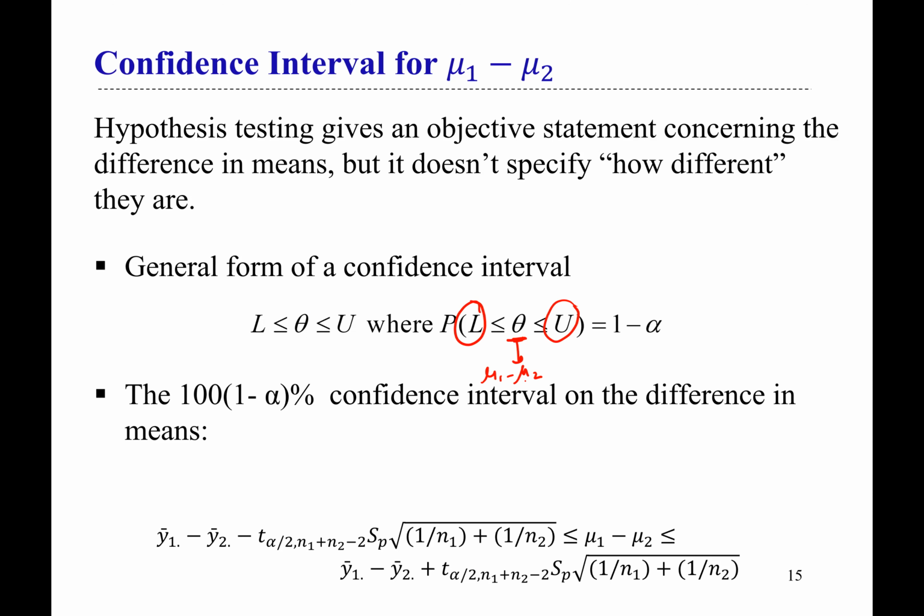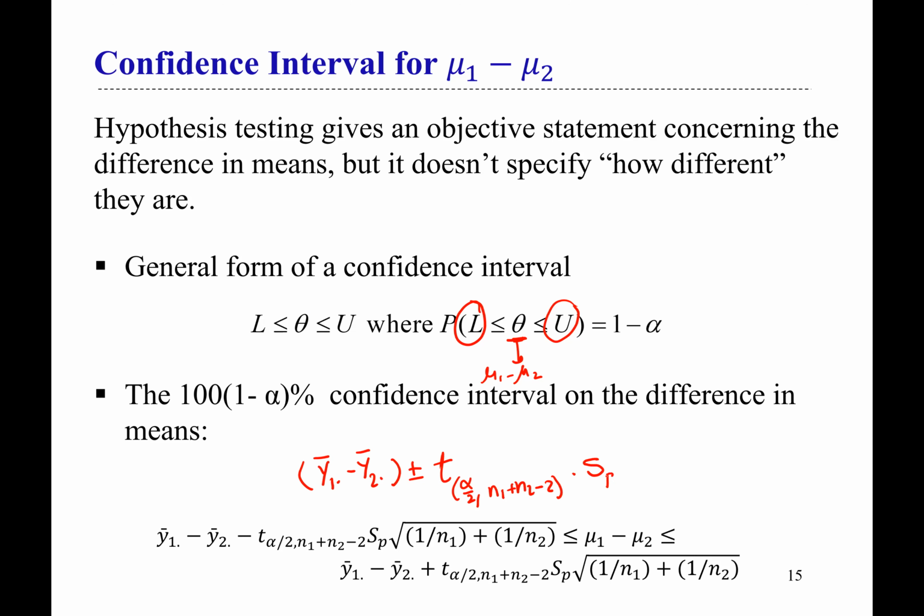So the confidence interval in general for the difference between two population means or two treatment means is y1 dot bar minus y2 dot bar plus or minus some value from the t-distribution table at alpha over 2 and the degrees of freedom, which is n1 plus n2 minus 2, times, because you assume equal variances, you assume sigma 1 equals sigma 2, or sigma 1 square equals sigma 2 square, you estimate only one standard deviation.